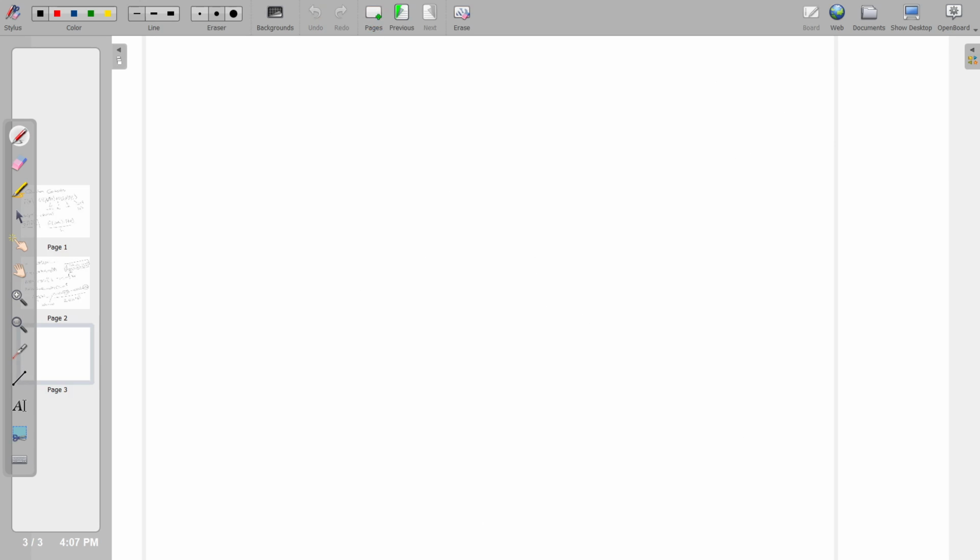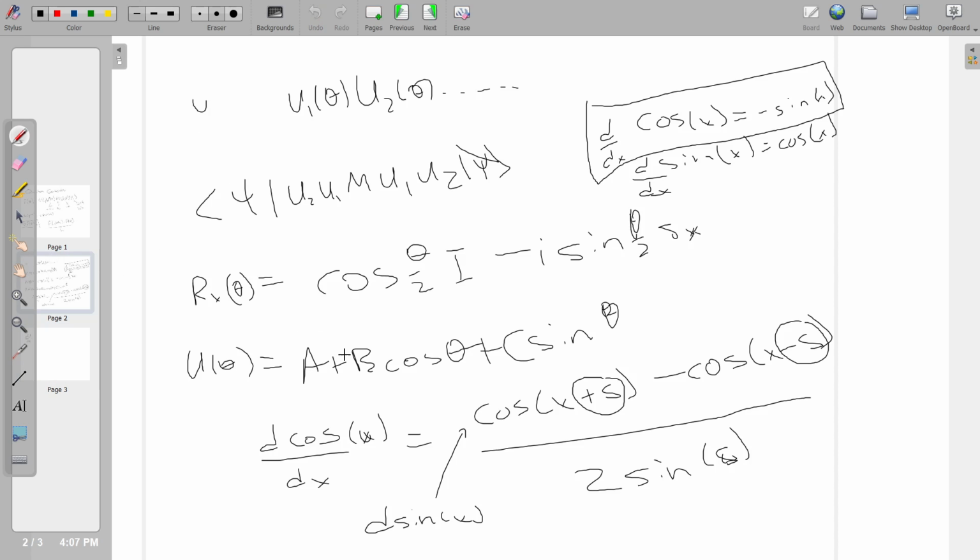So if we know those terms, then we can say, okay, if we do the derivative of u, which probably wasn't the best idea because u has a lot of meanings with respect to theta, we can see that the a term from here disappears because the derivative of a constant is just 0.